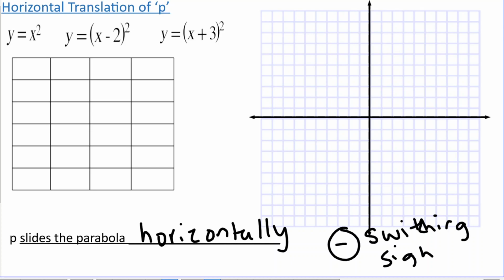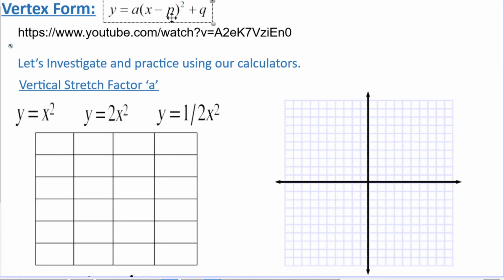Right, x minus 2 actually moves us 2 to the right. And in this case, our p value is actually positive 2. Because remember, p was whatever followed the negative sign. We had x minus p. P is just the number after the subtraction.